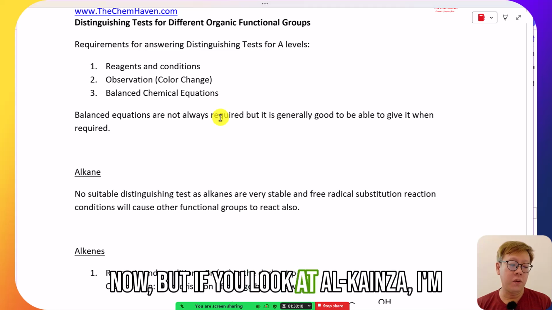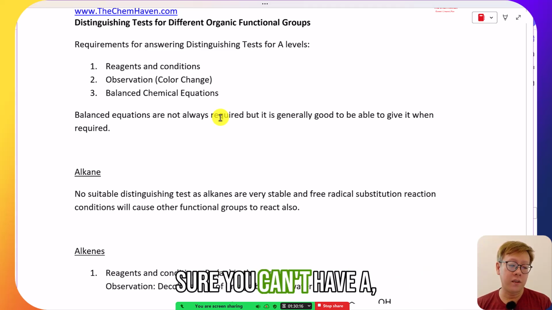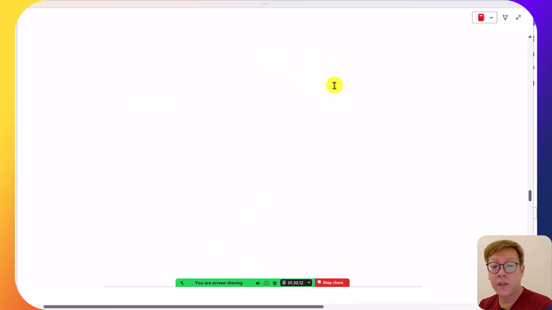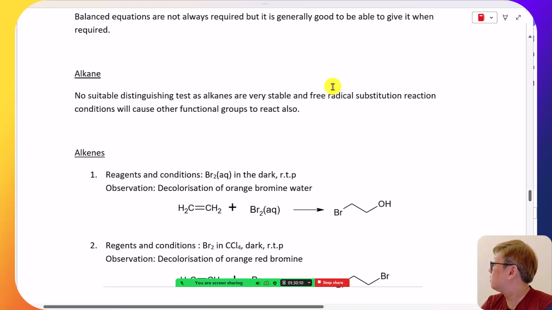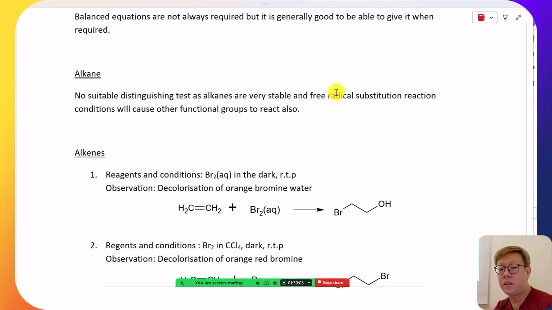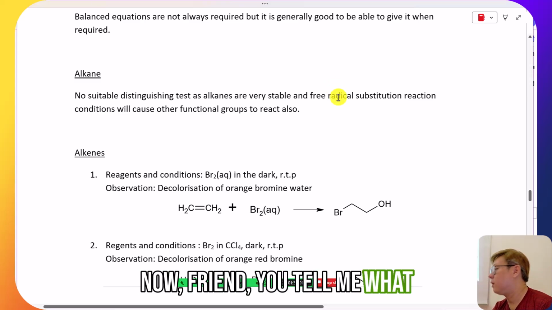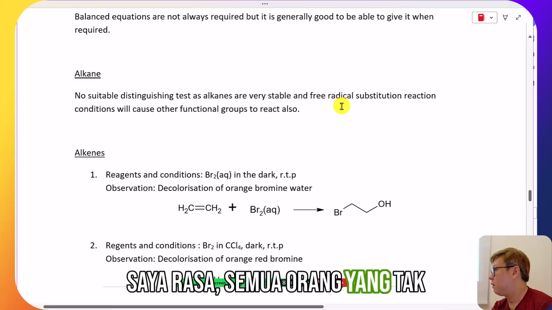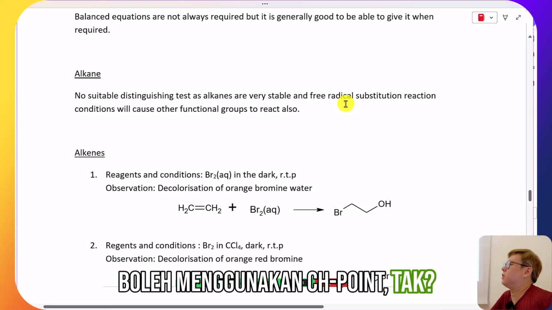Now, but if you look at alkanes, alkanes do not have a distinguishing test. Why? Why alkanes don't have distinguishing test? Now, friend, you tell me what compound don't have CH bond? I mean, almost all organic functional group got CH bond, right?